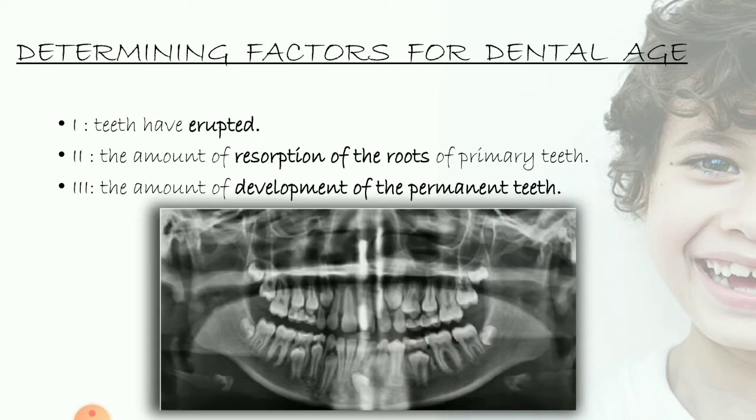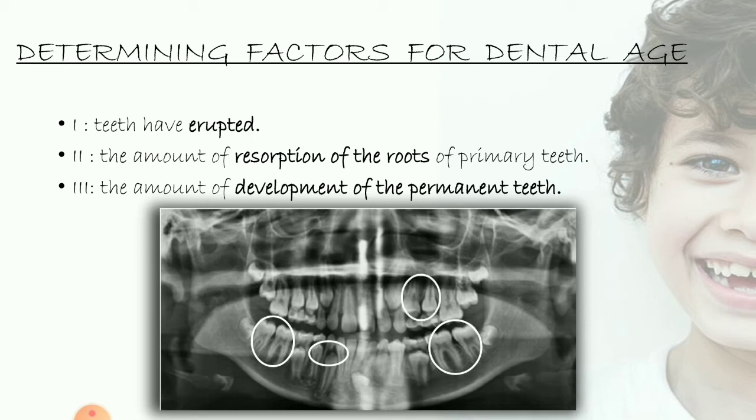So there are three main determining factors for dental age. First, whenever we examine the oral cavity, we should see which of the permanent teeth have erupted or which of the primary teeth have erupted. Then next, for the primary teeth which are present, we are supposed to check how much resorption of the roots has occurred. And third, we are supposed to study the amount of development of the permanent teeth which are going to erupt into the oral cavity.